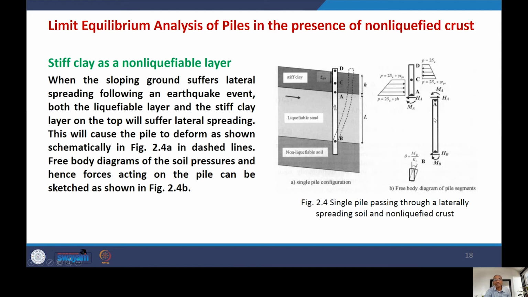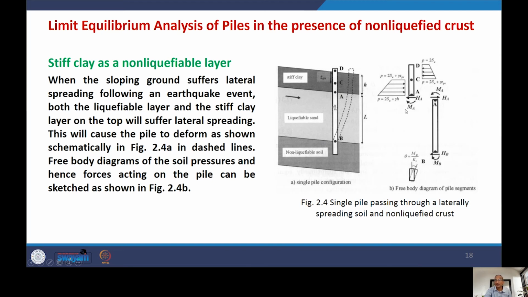The soil pressure and forces acting on the pile can be sketched as shown in figure 2.4b. You have stiff clay, liquefiable sand and non-liquefiable soil. Let's say A and B are the points between which it is expected that liquefaction of sand may occur. Above A, you have point D, which is at the top of the stiff clay layer, and point C is in between.